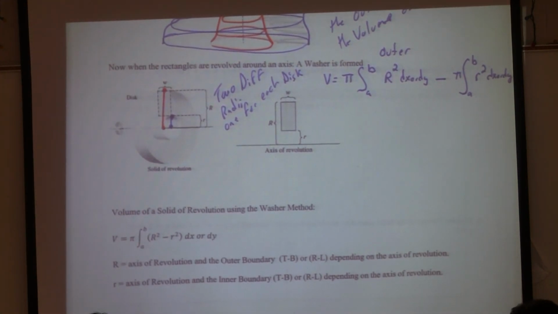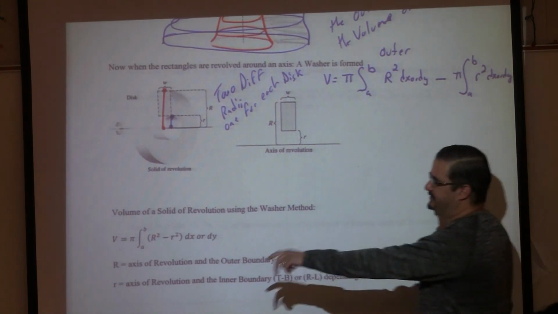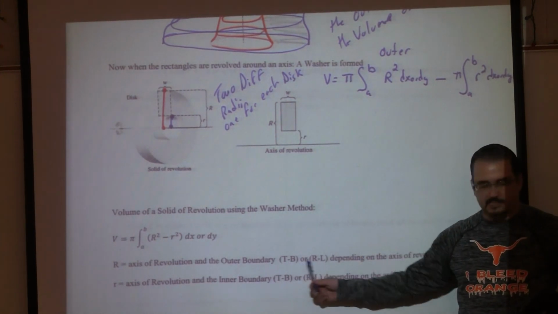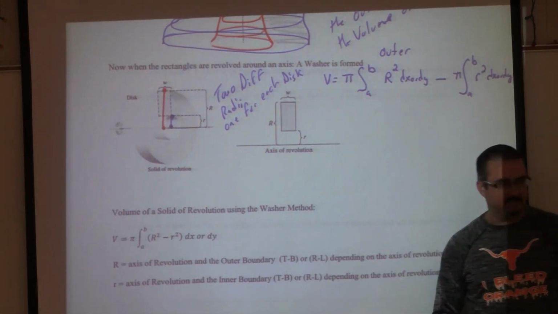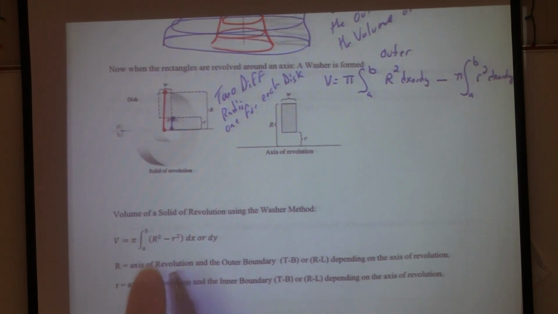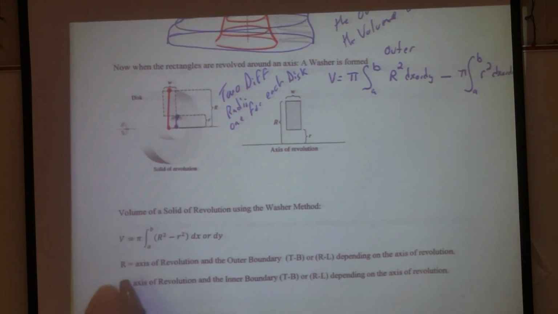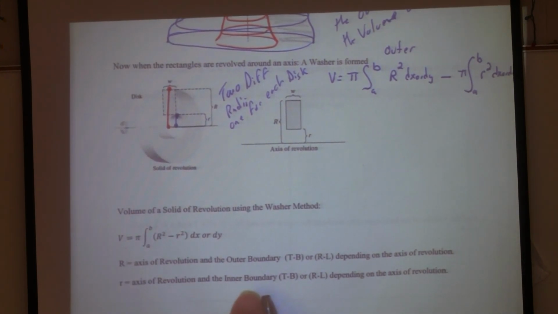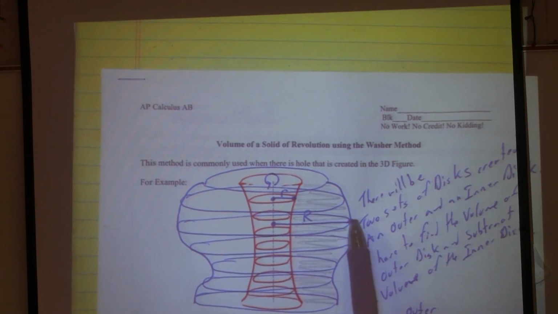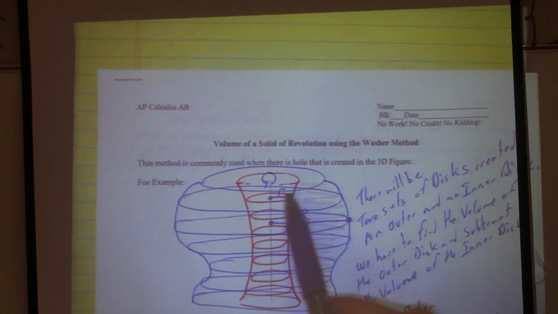Again, to find big R and little r, it depends on the axis of revolution, whether you use top minus bottom or right minus left. If it's something that looks like the x-axis, dx; something that looks like the y-axis, dy. It's always the distance between the axis and the outer boundary for big R, and the axis and the inner boundary for little r. So I draw these little lines: go to the axis, go to the one closest to it, go to the one furthest away from it, and then you can label big R and little r.